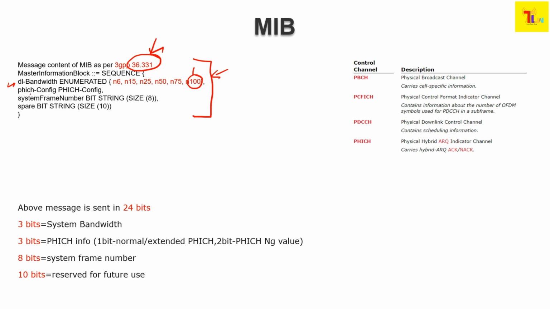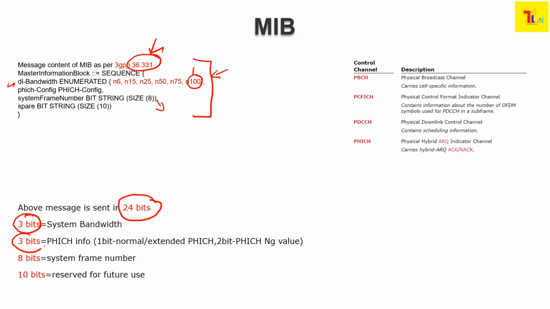And in PHICH configuration we'll get the PHICH configuration information. And system frame number I have already told you, it's 8 bit of information. And there will be the spare size. So when we talk about the above information of 24 bits, it means in this the system bandwidth will be carrying 3 bit of information.